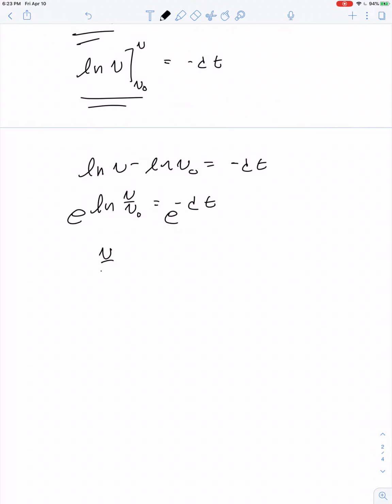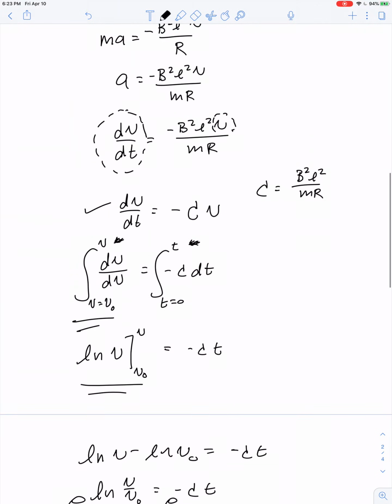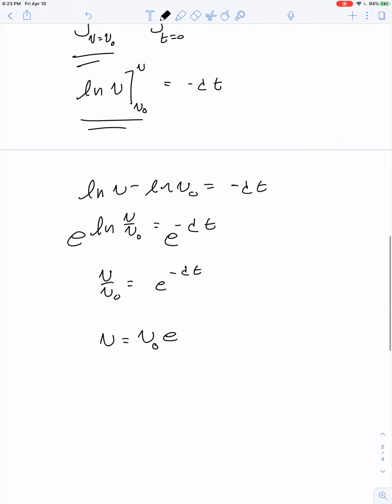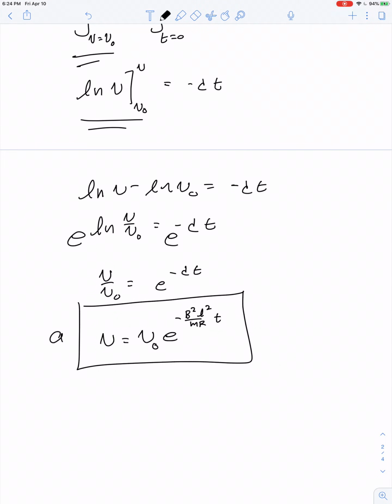And now we get v over v naught equals e to the negative ct, which means v equals v naught times e to the, oh yeah, that's what c is, b squared L squared over mr. So e to the negative b squared L squared over mr times t. So there we go. There's our answer to part A.